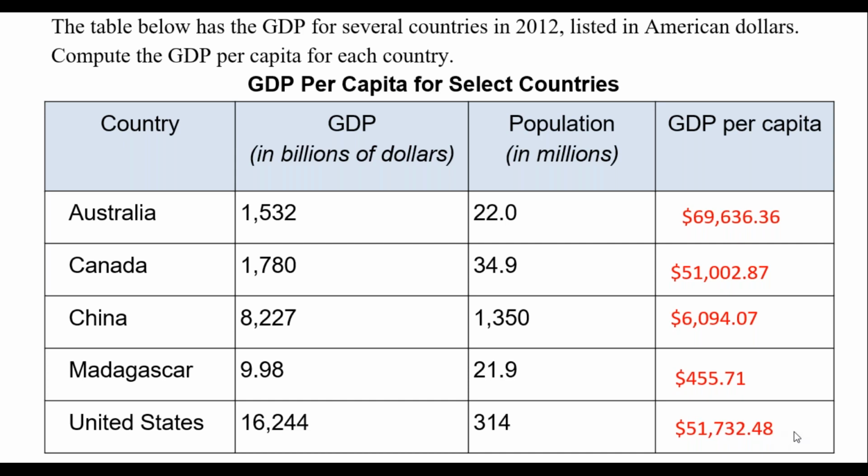Now, when we look at China, the GDP, goods and services here, it's about $8,227 billion. But remember, China's got a huge population.